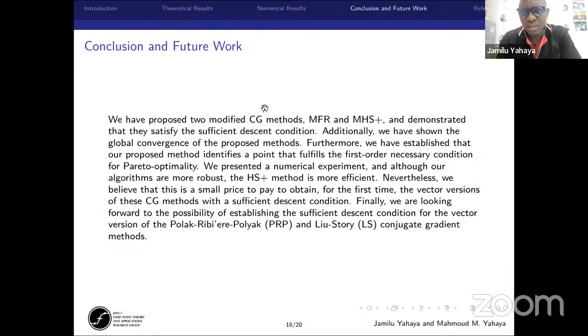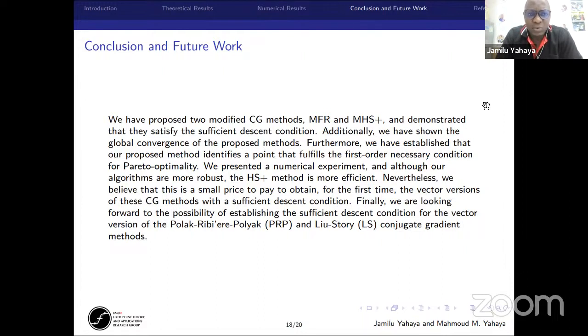Okay, thank you very much, Mr. Mahmoud, for this wonderful explanation. The conclusion of this presentation, as you can see on the screen, is that we have proposed two modified CG methods, the modified FR and the modified HS plus, and demonstrated that they satisfy the sufficient descent condition, which is very vital in establishing the convergence of these two modified CG methods.